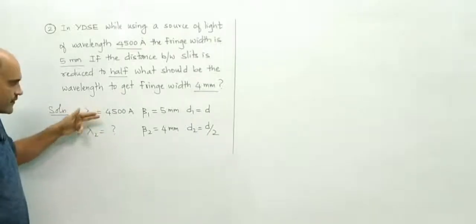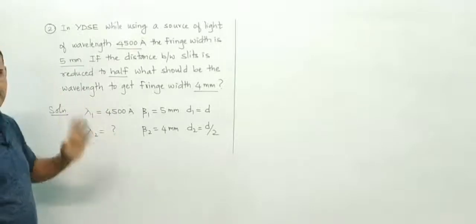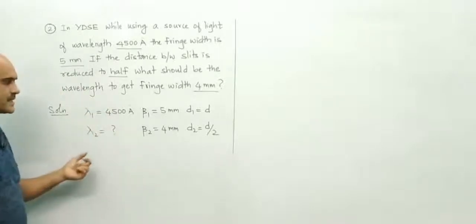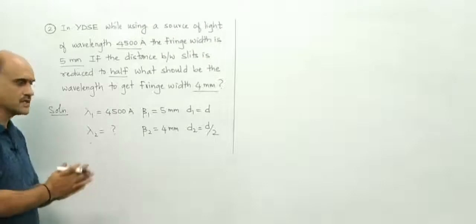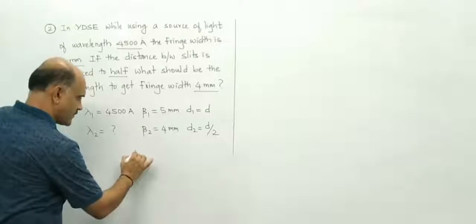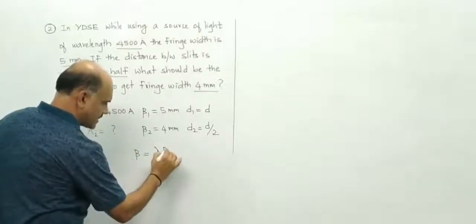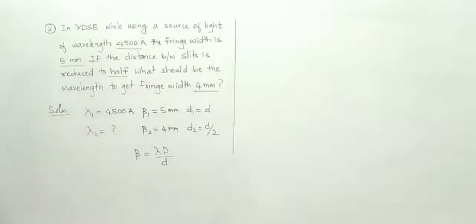Now if you observe, in both cases capital D is the same. The distance between slit and screen he is not changing; he is changing only the distance between slits. The fringe width formula is beta is equal to lambda capital D by small d.